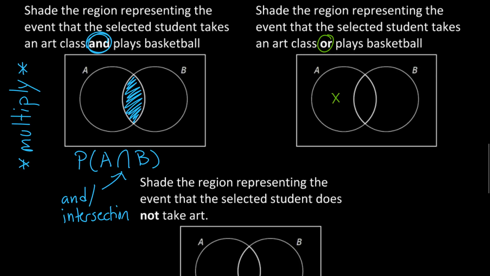Yeah, so we know we're going to shade there. What about here? Do they take art or basketball? What about here? Do they take art or basketball? Yes. They just happen to also take both. Doesn't matter. They still take art or basketball. So we are actually shading everything inside the circles.